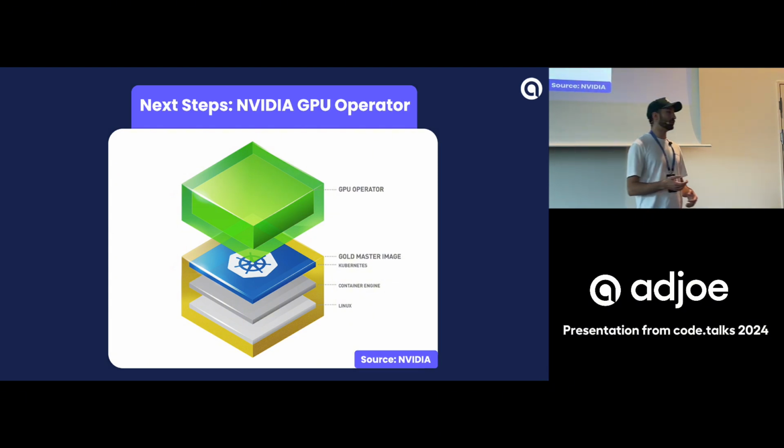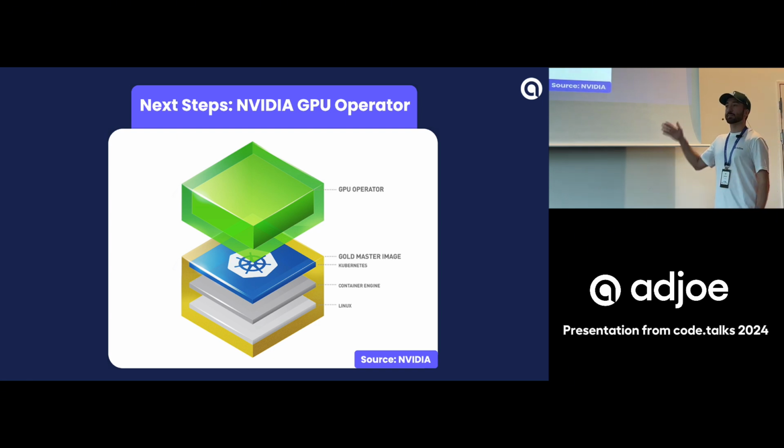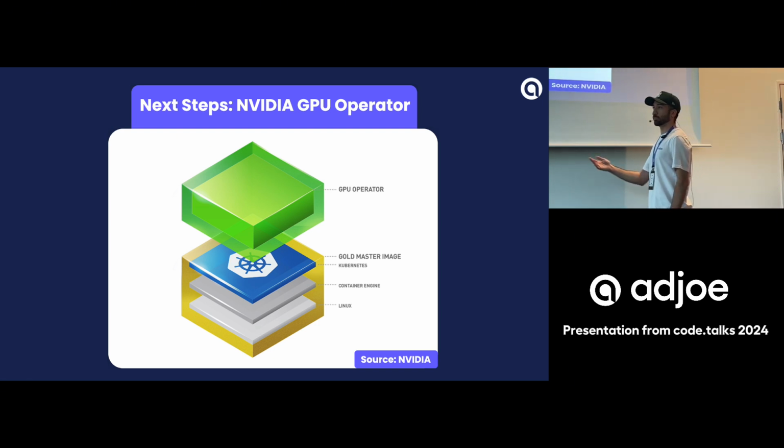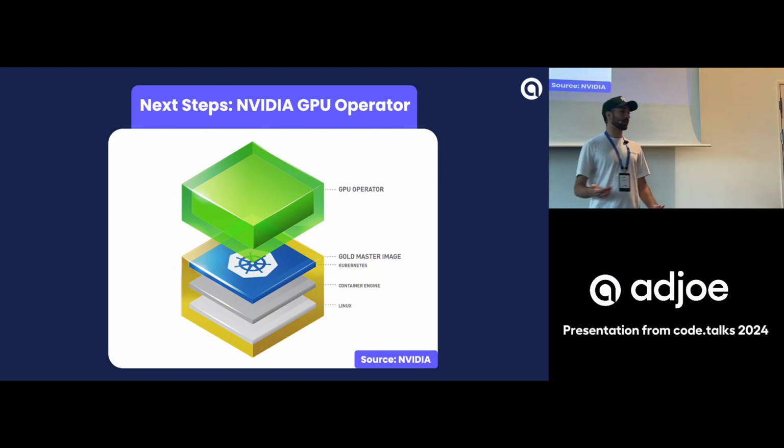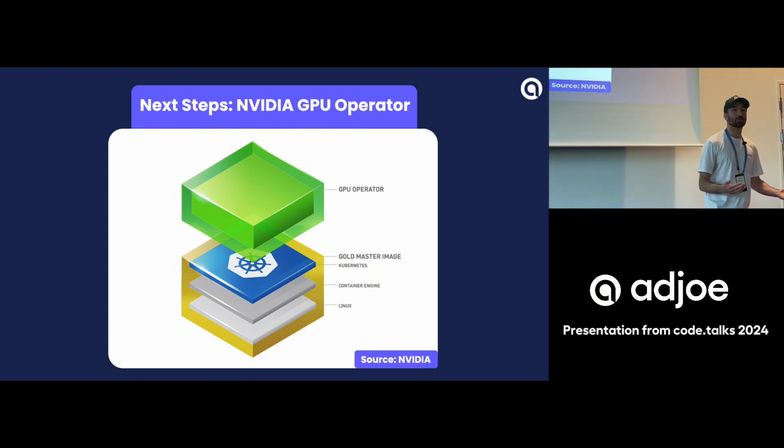NVIDIA provides a GPU operator. This enables you to use the same AMI that you're using, for example, for CPU and memory optimized node pools. Meaning that this is just an EKS optimized AMI with no GPU support, but this operator will bring all the dependencies, and it can upgrade those dependencies for you. That means that you will have less management overhead.